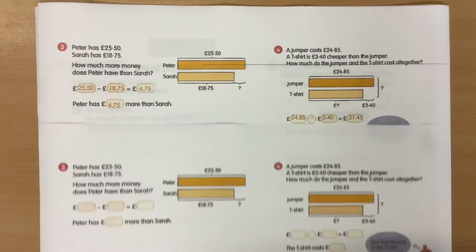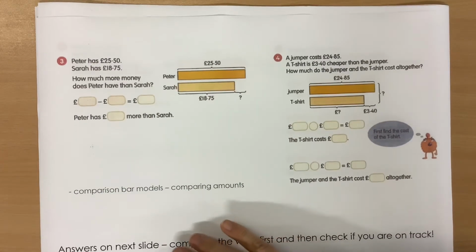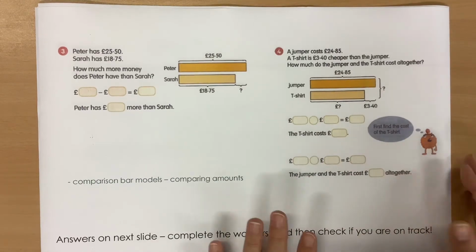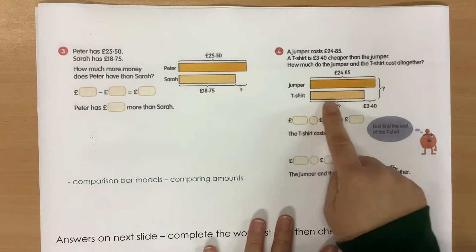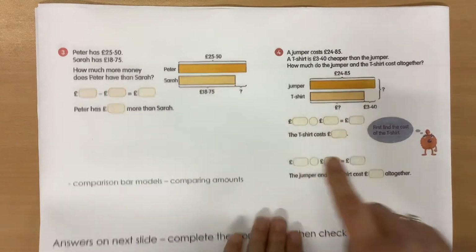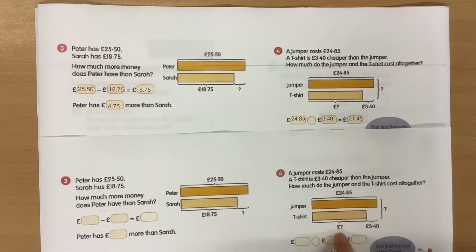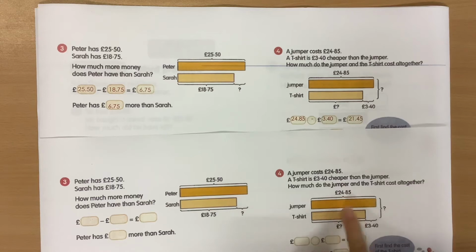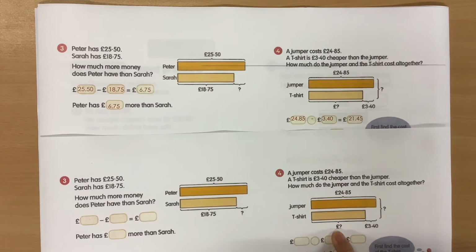We haven't. So now we need to work out the answer to that. We now know that the t-shirt costs £21.45. So we can fill in this question mark underneath the t-shirt part of the bar model. We have £24.85 for the jumper, £21.45 for the t-shirt.